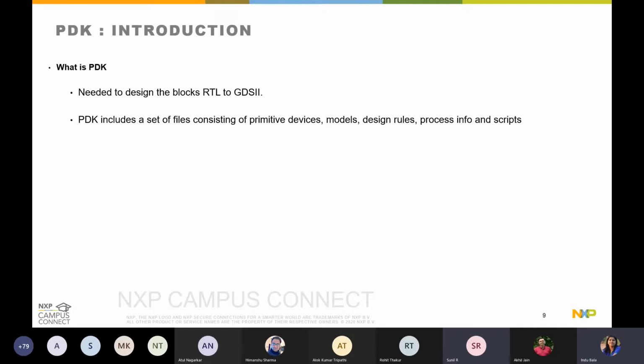The foundry provides the process data, which we use for extracting the device and also for the SPICE model for pre-layout circuit level simulation. The process info that we get, we also use to extract the device using different extraction tools provided by foundries. Based on that, we predict the outcome of our device.